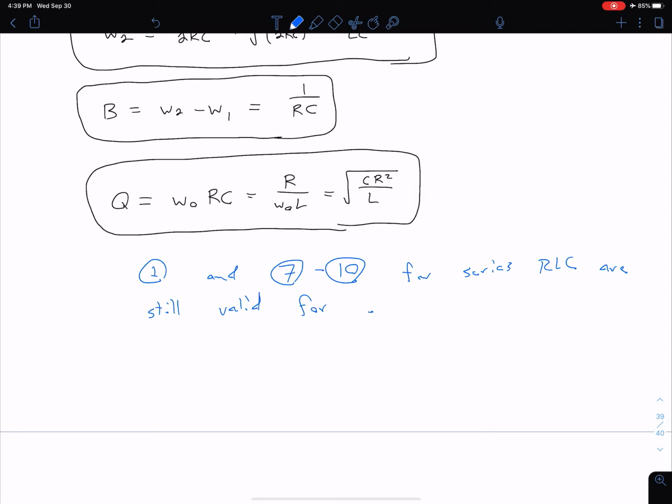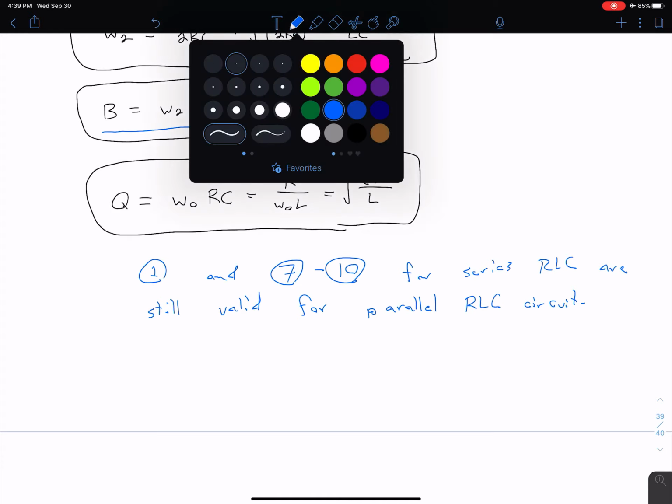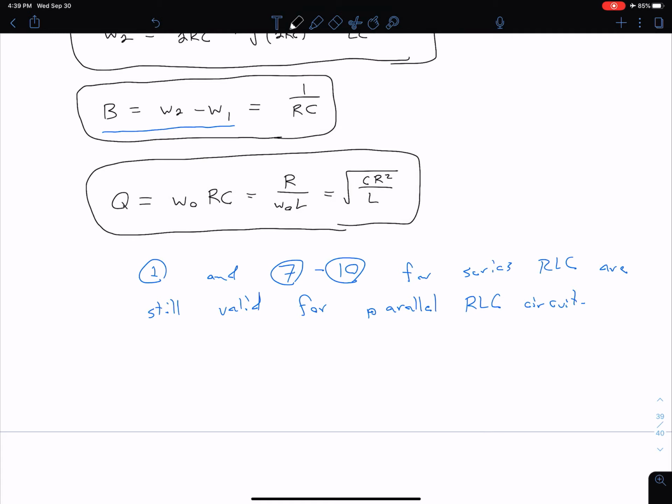So still valid for the parallel RLC circuit. And I believe I've left off that list equation 4, and equation 4 is essentially just this one here, that the bandwidth is omega 2 minus omega 1, and of course that is also still valid for this parallel circuit.